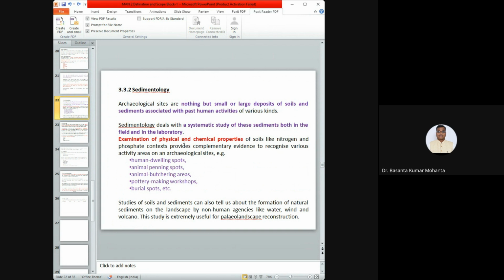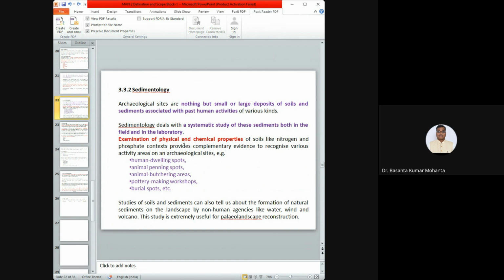When we are discussing the formation of an archaeological site by nature, we need to see the role of environment, where soils or sediments are deposited on the material, the evidences or the sites. Later, in the course of soil erosion or various activities, they get exposed.